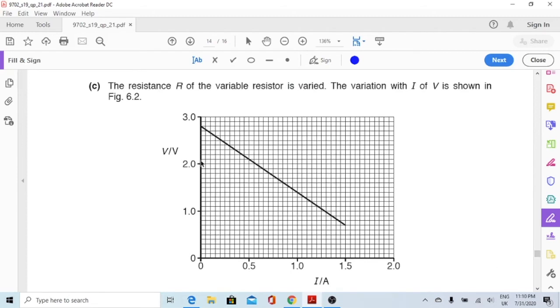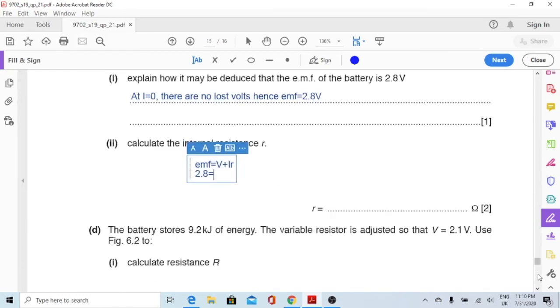Suppose I'll take this value of voltage, and accordingly I'll take 0.5 amperes from the graph. So my voltage is 2.1 plus the current I took from the graph, 0.5, times r, which is still unknown to us. When you rearrange the formula, you'll get r is equal to 1.4 ohms.